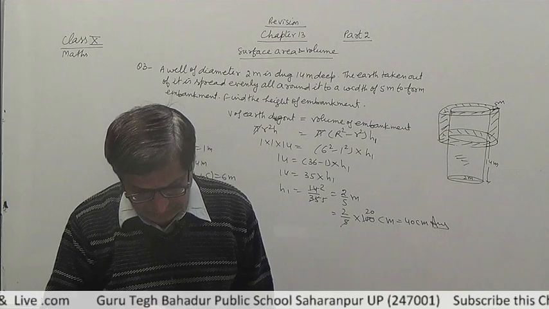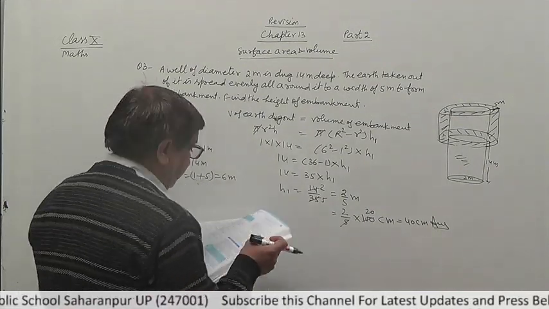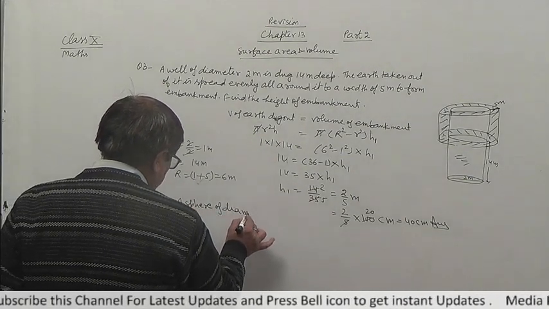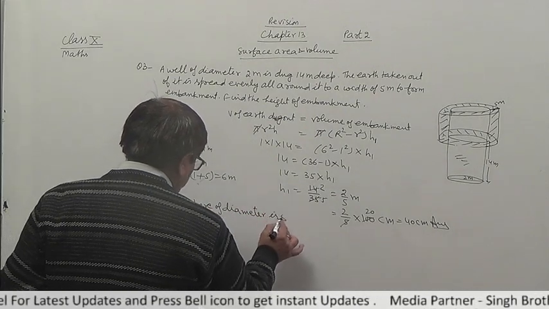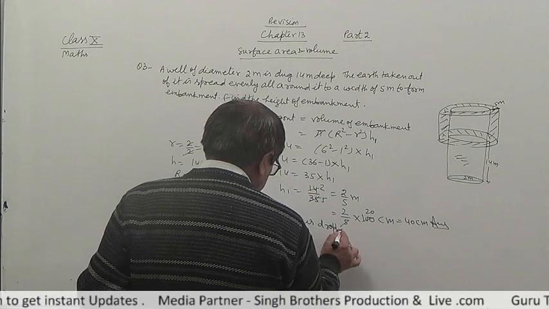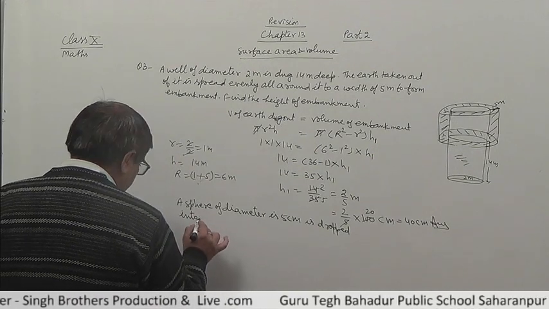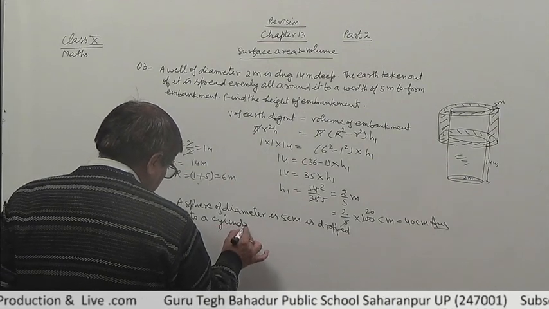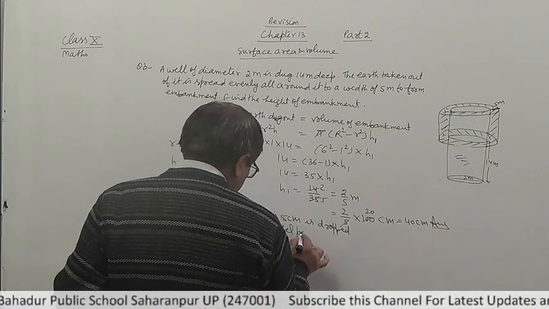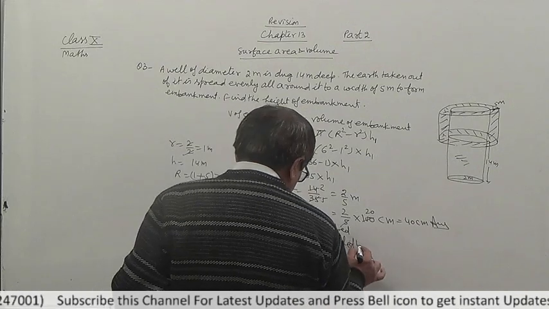Now see the next question. A sphere of diameter 5 centimeter is dropped into a cylindrical vessel partially filled with water.